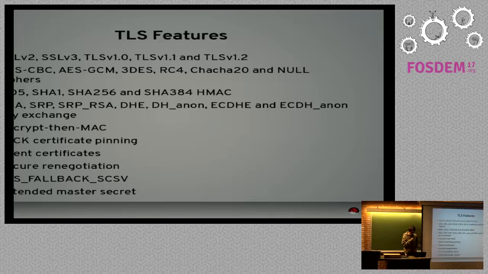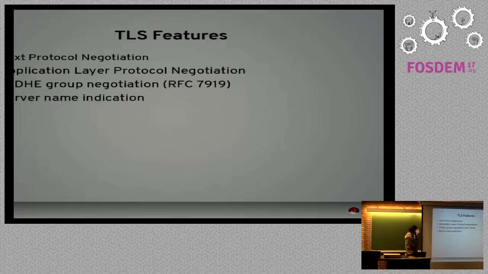Some new extensions, so encrypt-then-MAC, secure renegotiation, fallback SCSV, extended master secret. And we also support the draft Next Protocol Negotiation and the actually standardized Application-Layer Protocol Negotiation. This is necessary for HTTP/2 negotiation.